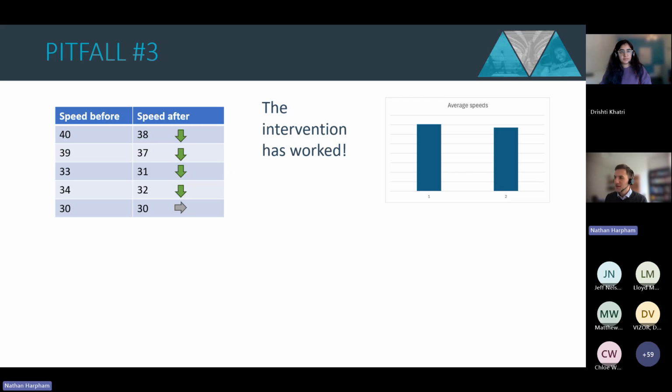Again, ignore the bad labeling. So my conclusion is that this intervention has worked, and that the speed reductions have improved at these sites, and therefore the intervention has worked. What's wrong with that piece of analysis that I've done? There might be multiple things wrong with it, but what do you think is wrong with that?